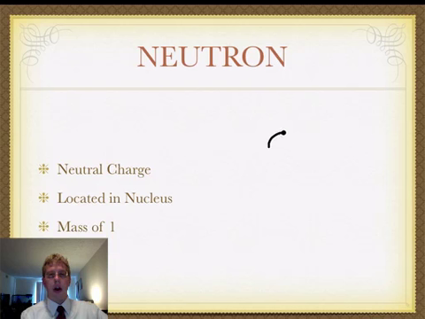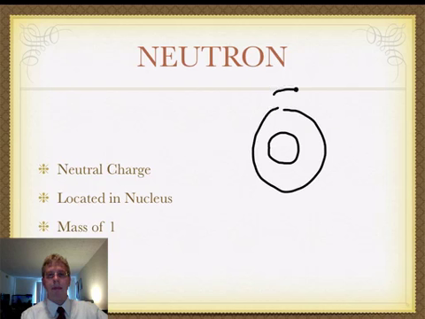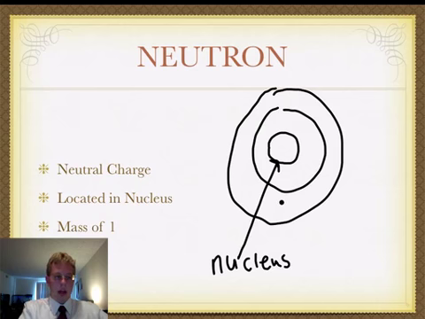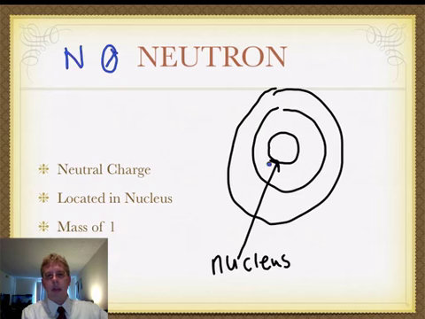So if I were to draw our model of the atom here again, I'd put the neutron here in the nucleus. To signify neutrons here, I generally use either a 0 or an N for neutron. And so I'll put that in the middle.